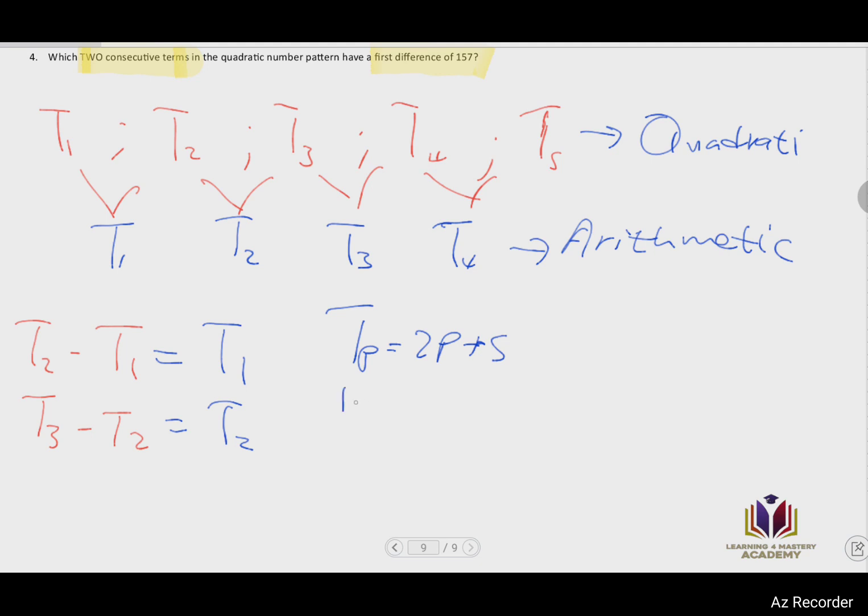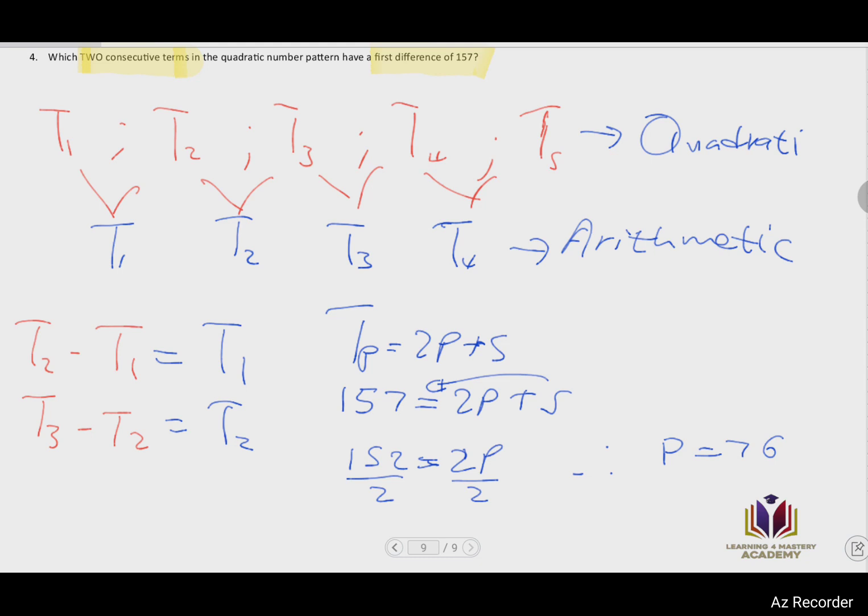So we take the 157, put it equal to 2P plus 5, and then we can calculate for P, transposing to the other side. It gives us 2P equals 152, divide both sides by 2. 152 divided by 2 gives us 76. Therefore, P equals 76. Now you've calculated the position of 157 in the first difference. It's the 76th term in the first difference.